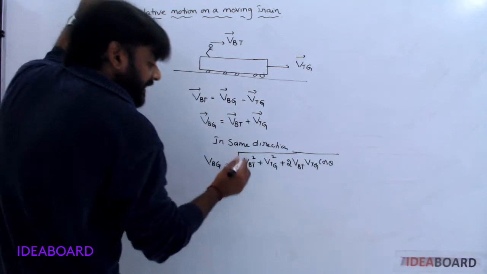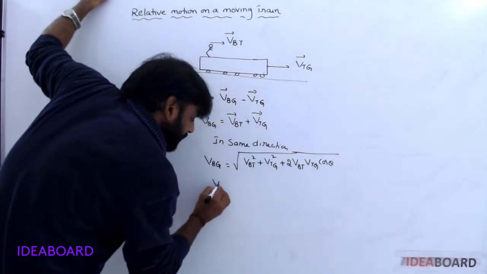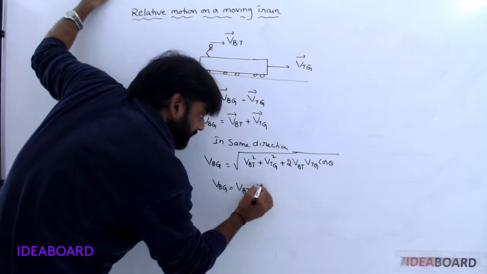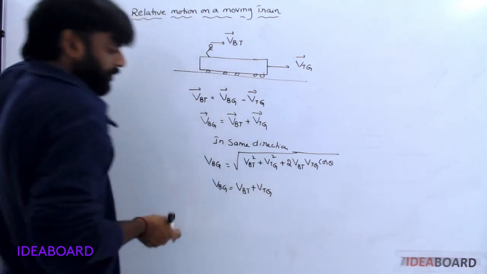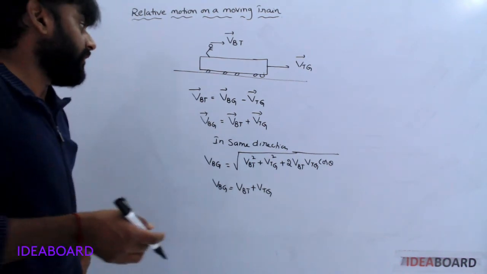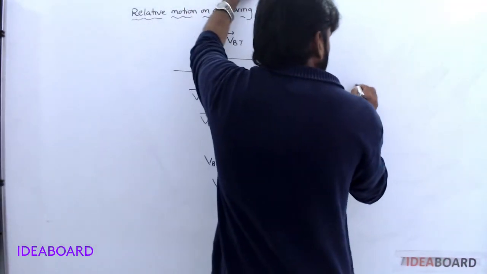In the same direction means theta equals 0 degrees. Boy with respect to train plus train with respect to ground, both are in the same direction, so you are adding.